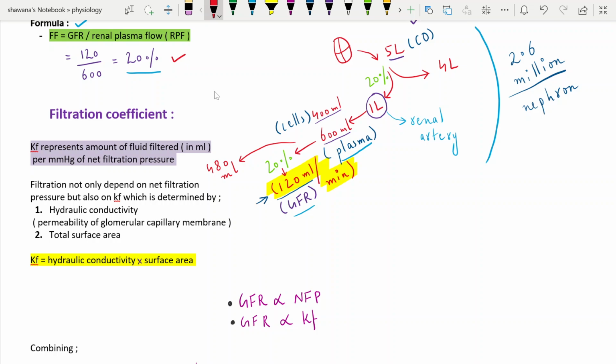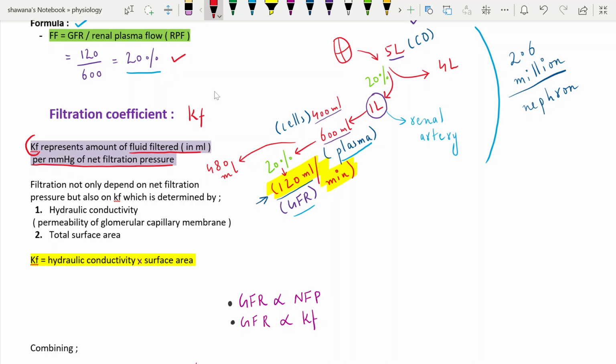As we have discussed earlier a little bit, Kf represents the amount of fluid filtered in ml per millimeter of mercury of the net filtration pressure. The filtration coefficient, which is represented by Kf, depends on two things.